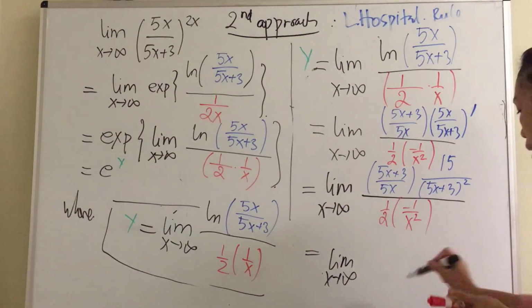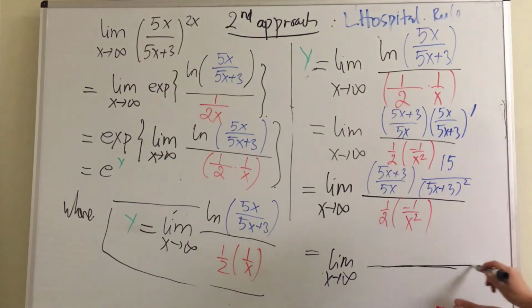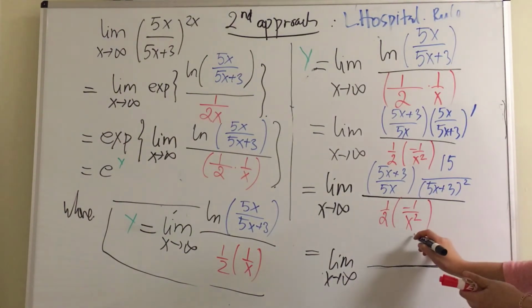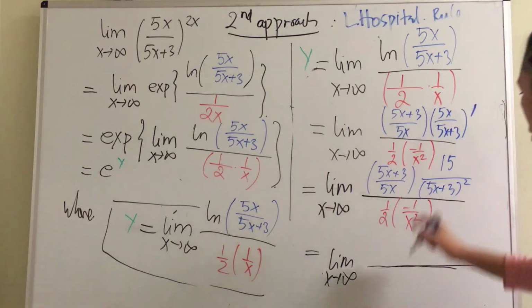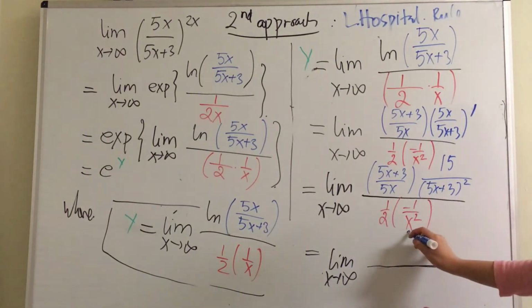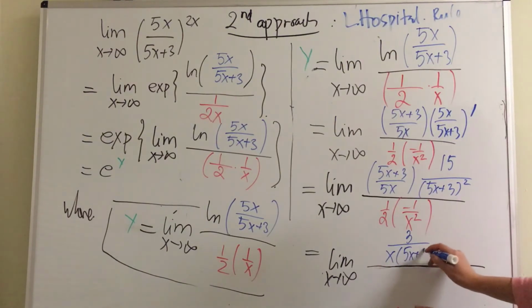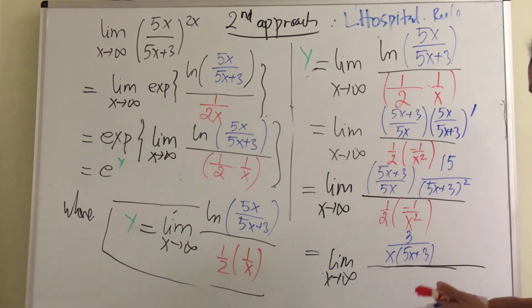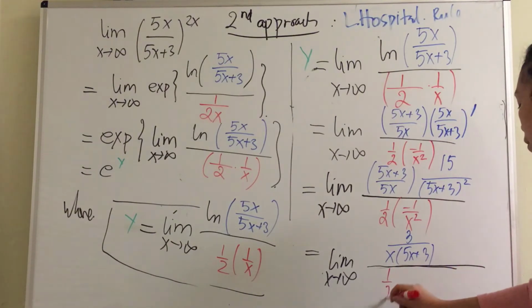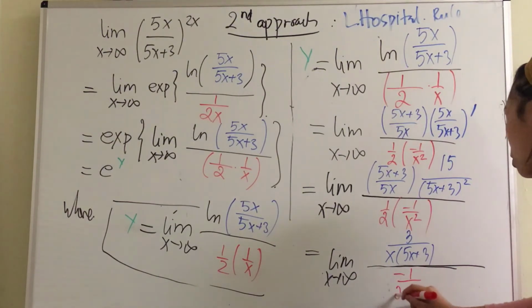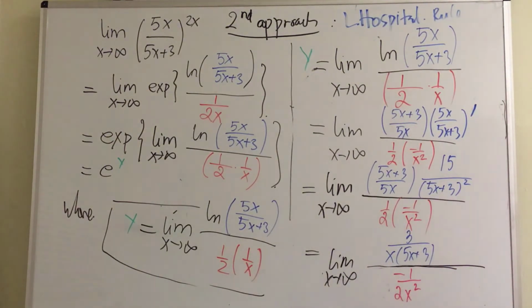Here I have this is 3. The top becomes 3 over x times (5x plus 3). And the bottom is 1/2 times minus 1 over x squared, which is minus 1 over 2x squared.